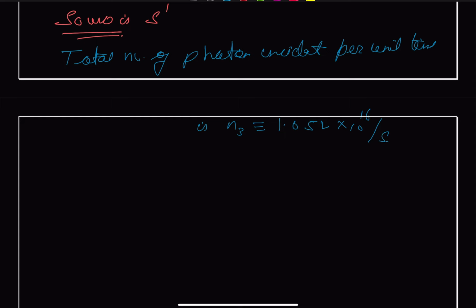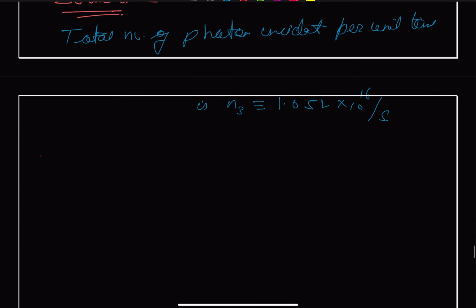And it says that only 80% is transmitted. So therefore we can say that now the distance from the source is 5.7. So the number of photons incident per unit area per unit time with respect to the detector.